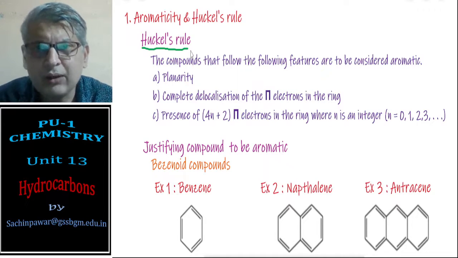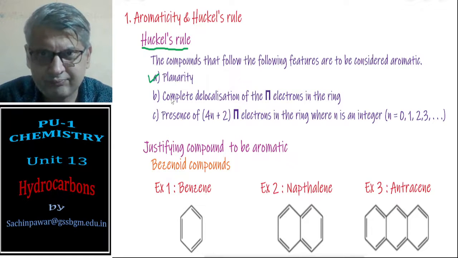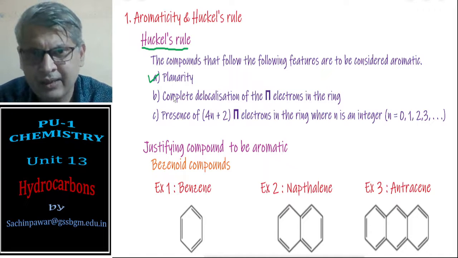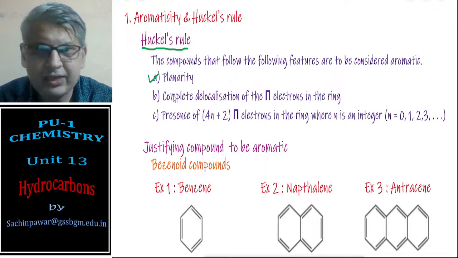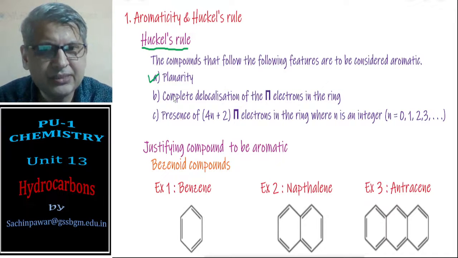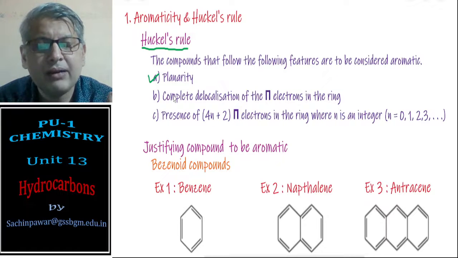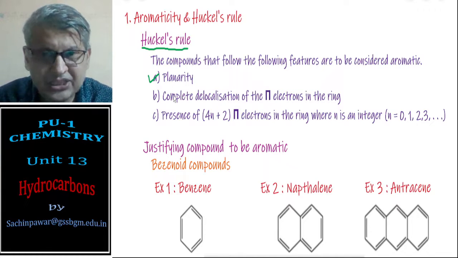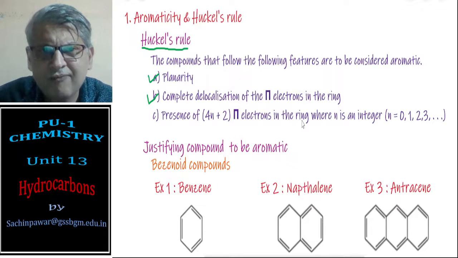For this, we have to check whether the compound is planar. That can be easily understood if you know the hybridization. If you know the hybridization of every atom in the structure, you can easily say, for example, sp3 hybridization means tetrahedral, sp2 hybridization means trigonal planar, sp hybridization means linear. You also have to see whether there is complete delocalization of pi electrons.